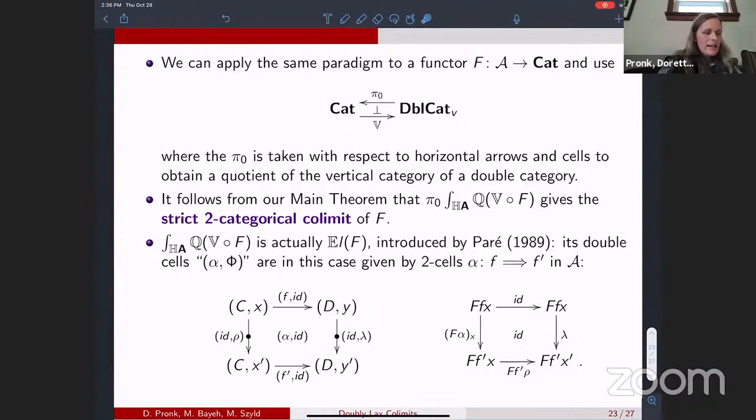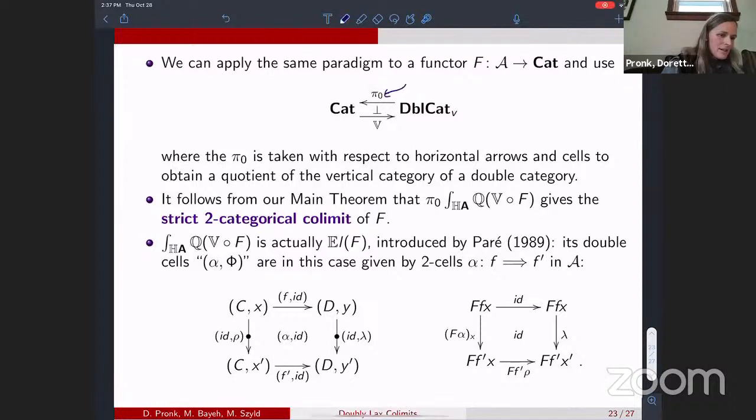then instead of the adjunction between D and pi naught, I will now take the vertical inclusion. It is kind of like D, because horizontally I'm going to get my identities. So it's the horizontally discrete embedding. And then what is the pi naught that goes with that? Well, take the horizontal equivalence classes. So this is the horizontal pi naught.